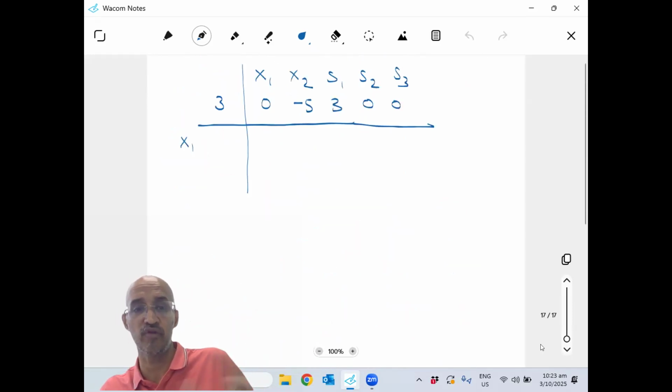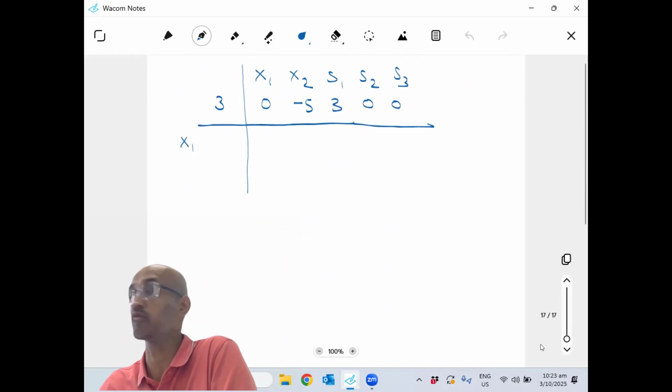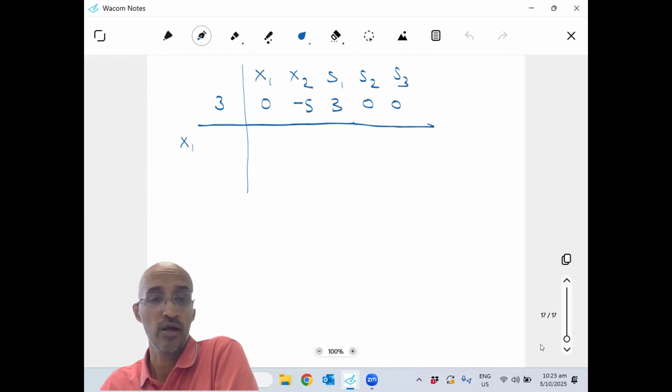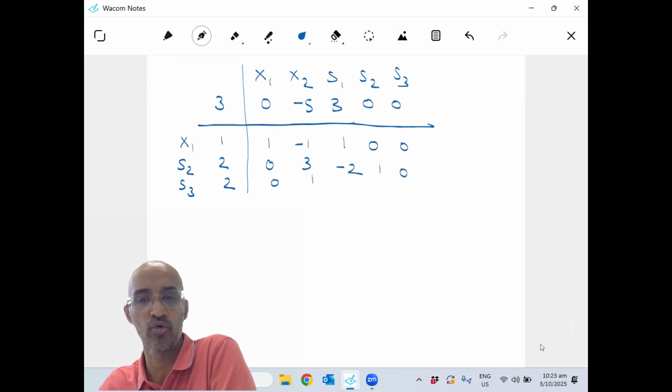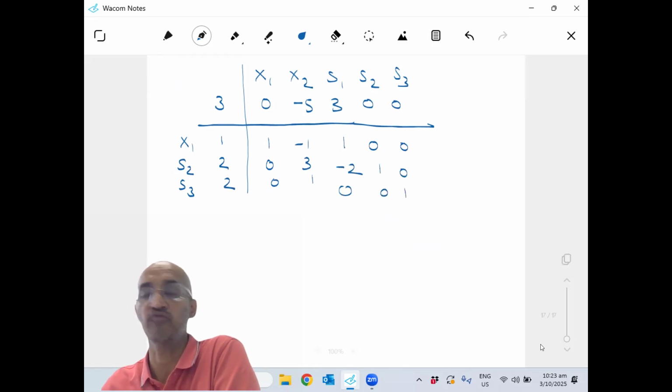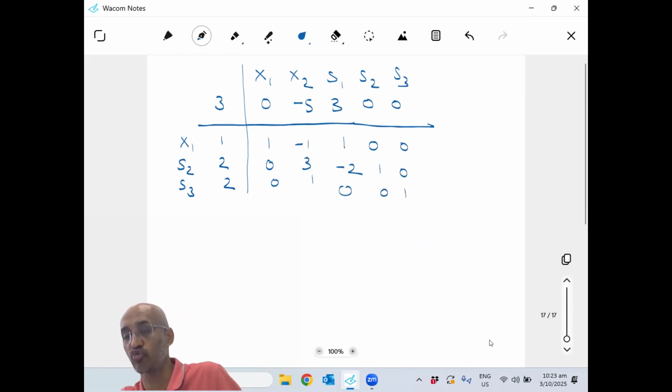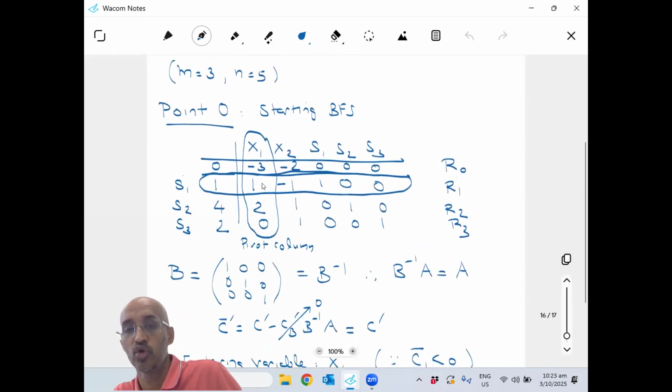So S1 will become X1, and then I'll have S2 and S3. If you write down the values after doing that row operation, you will get 1, 0, 0, minus 1, 3, 1, 1, 0, 0, minus 2, 1, 0, 0, 0, 1. You can check this. Just do those two row operations throughout.